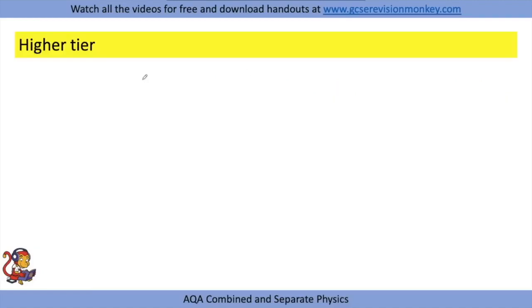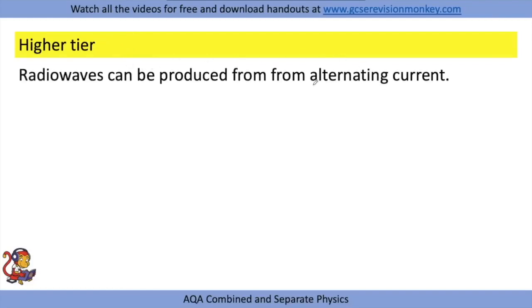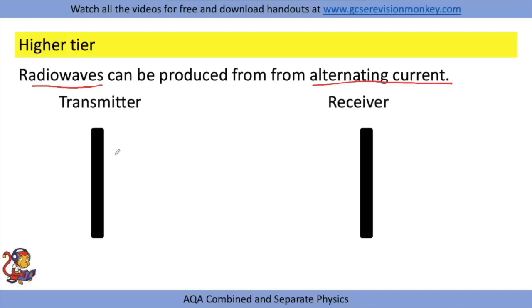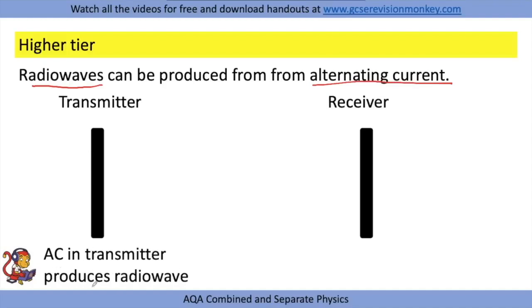For higher tier, you need to know a little bit more about how radio waves are transmitted. So for TV and radio communications, radio waves can be produced from alternating current. So to be able to watch the TV or listen to the radio when it is communicated via radio waves, you have a transmitter and a receiver. The transmitter will produce a radio wave.